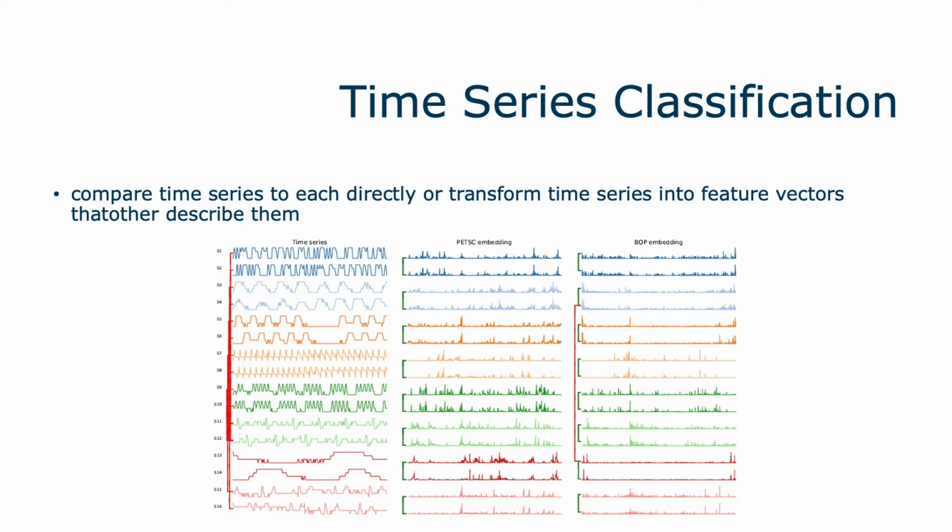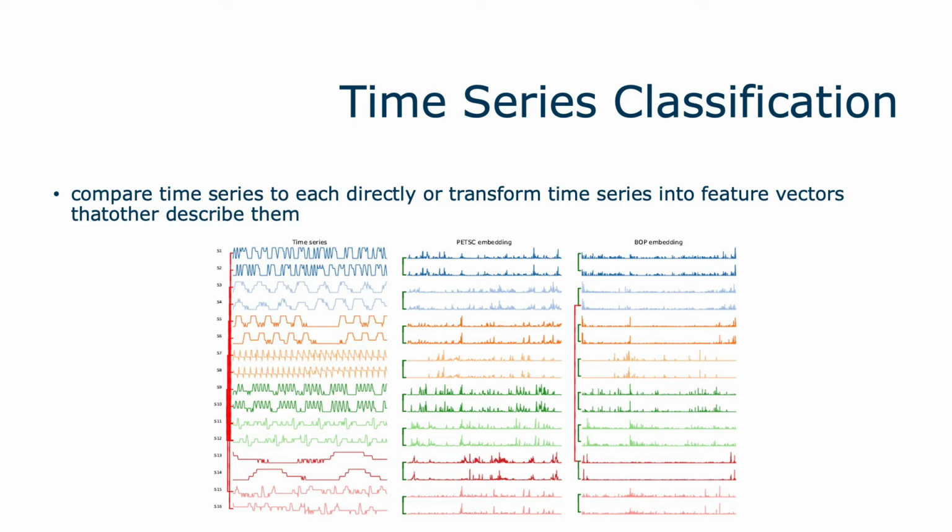So how do we do time series classification? Well, there are two approaches and two types of algorithm in general. You can compare time series directly to each other. So you can feed the time series into an algorithm, and the algorithm then produces a classifier. Or we can try to transform the time series into feature vectors that somehow describe the time series.